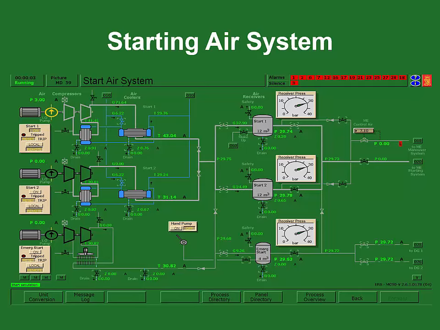Again, you want redundancy. These bottles are huge. There's no reason to have both on the line if you're just starting your ship service diesel generator. So typically, only one will be in service unless you are maneuvering. And during times of maneuvering, then you would have both of these main start air bottles operational.